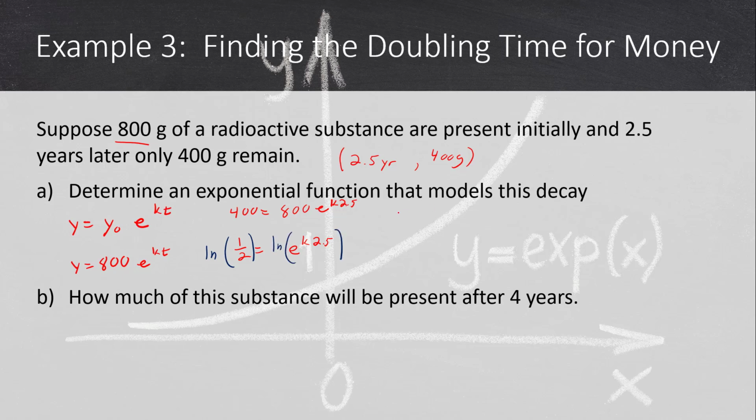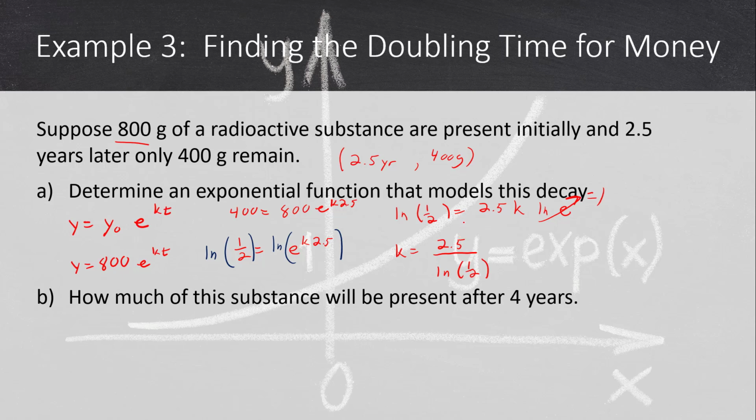And that is going to give us that the natural log of 1/2 is equal to 2.5k times the natural log of e, which of course is equal to 1. And that will give us that k is equal to the natural log of 1/2 divided by 2.5.